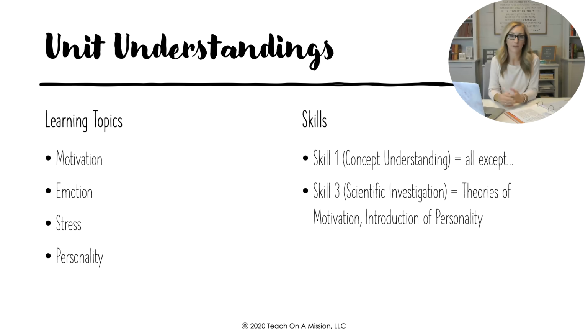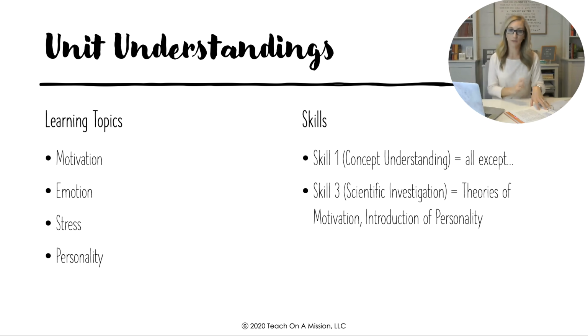So the learning topics really are the title of the unit, which is motivation, emotion. They also throw in stress and coping, as well as personality, which is huge. And for all of those standards or learning topics, you need to have concept understanding, or Skill 1 as laid out by College Board, being able to understand them and then apply them to a given scenario.